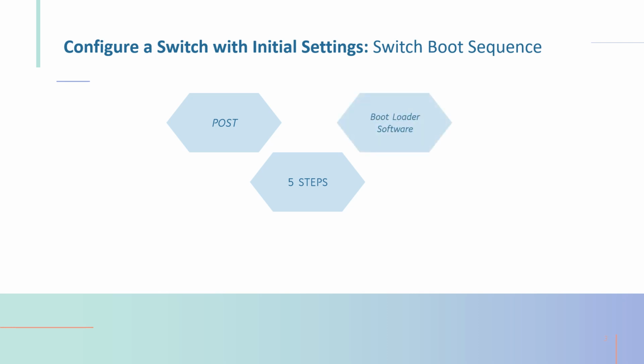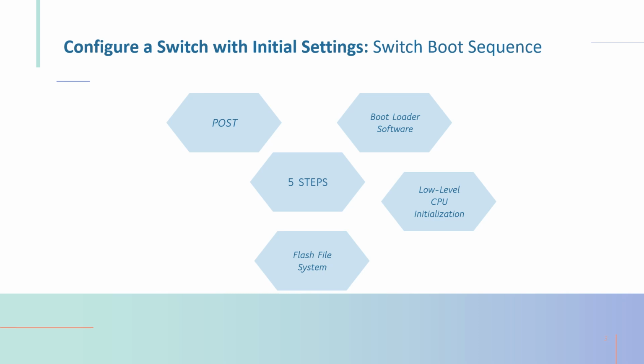In the next step, the switch will load the boot loader software, where the boot loader is a small program stored in ROM memory that is run immediately after POST successfully completes. At step 3, the boot loader performs low-level CPU initialization, where it will initialize the CPU registers, which control where physical memory is mapped, the quantity of memory, and its speed.